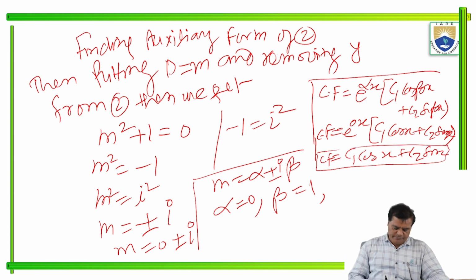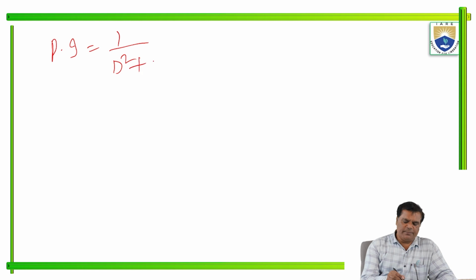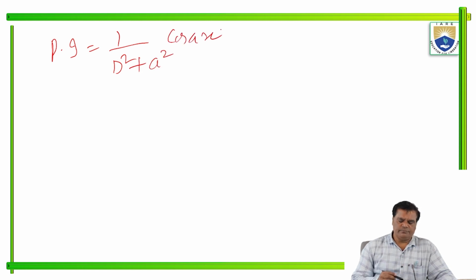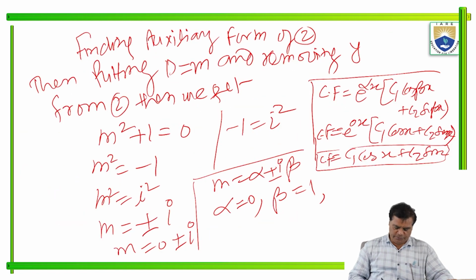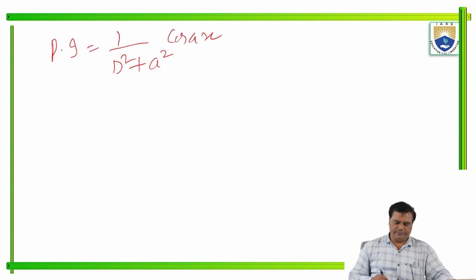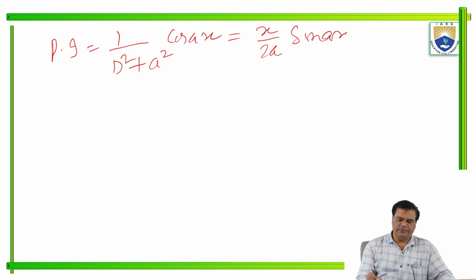Now we find PI. PI equals 1 upon D square plus a square cos ax. Here cos is given in our question. So our answer is x upon 2a sin ax. This is PI.